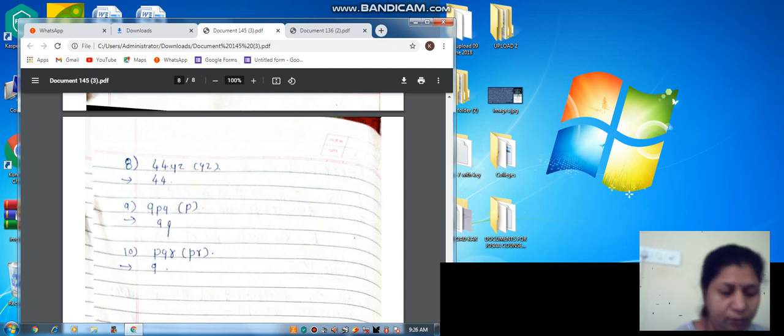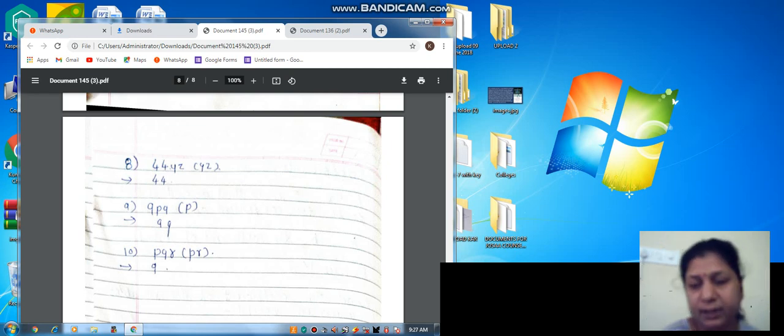You have to see page number 211, that is like and unlike terms. Forget about the coefficient, okay? Coefficients may be different but if the variables are the same, then they are called like terms. When the variables are different, then they are called unlike terms.